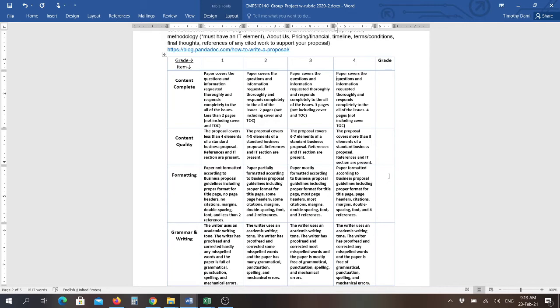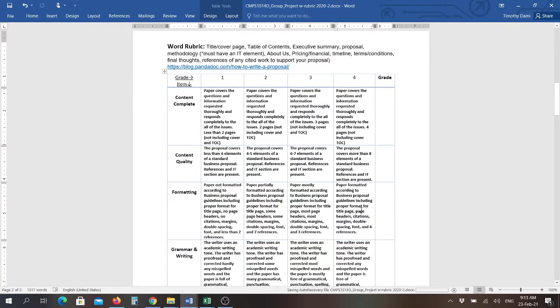So for example, up here you'll notice that you have cover page, table of contents, executive summary, the proposal methodology, the IT section, About Us, Pricing Financial, Timeline, Terms and Conditions, Final Thoughts, and references.